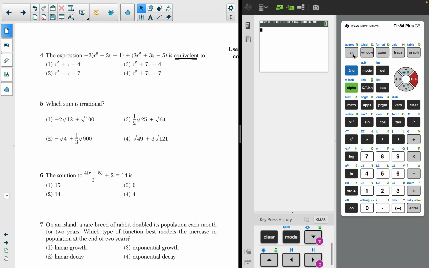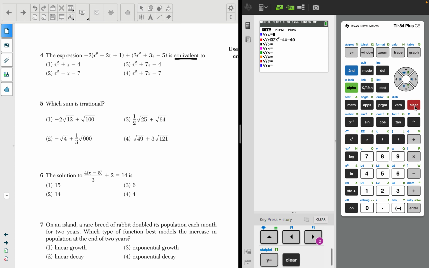So go to y equals, and then we're gonna put the main equation.